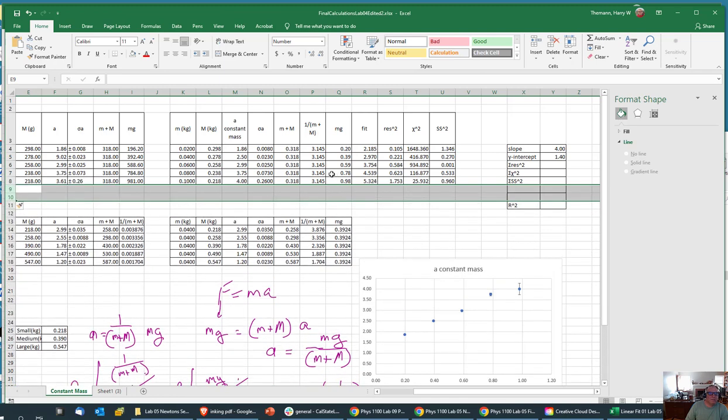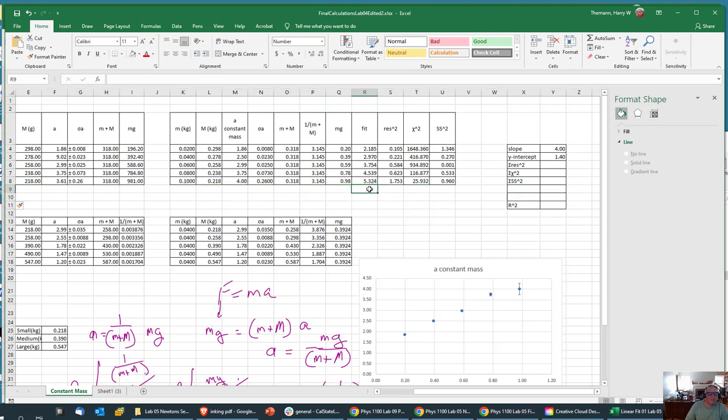Insert, because I want to add in for the x-axis, which is the mg's, a 0, because I like my fit line to go past the ends of the data, and I like it to go to the y-intercept as well. I just drag that. Nice, huh?